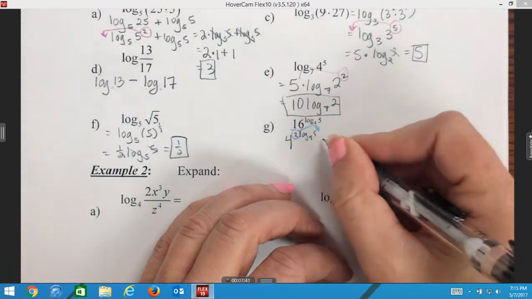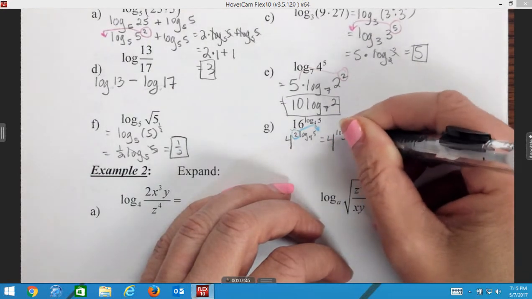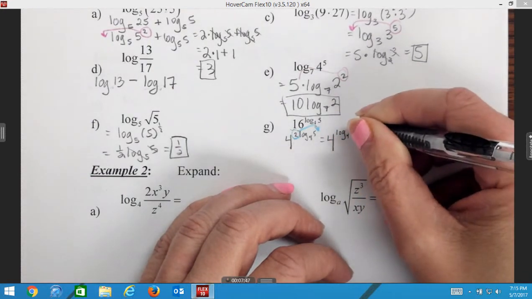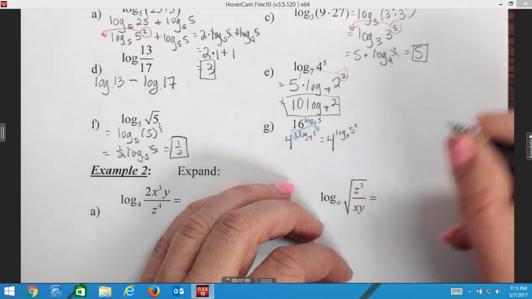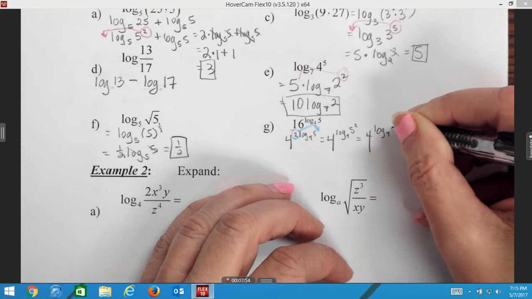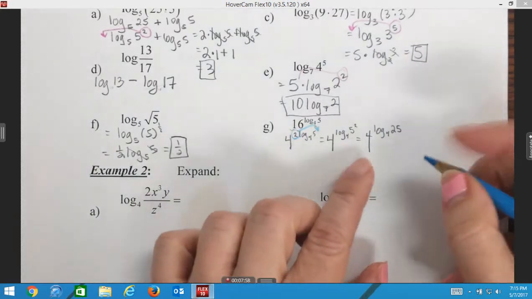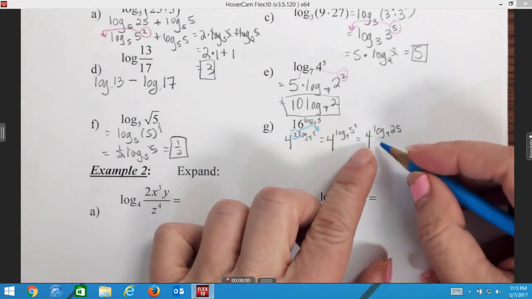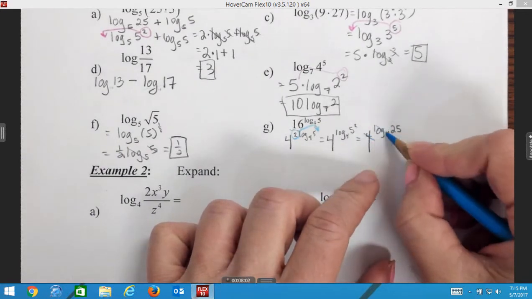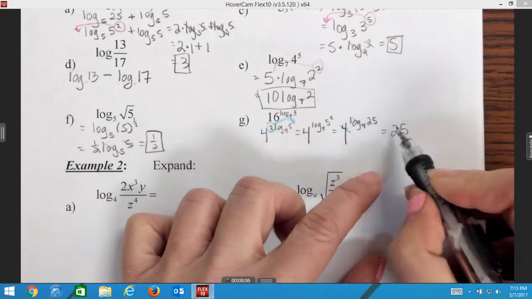We'll have 4 to the log base 4 of 5 squared, or 25. And since the base of 4 with a log base 4 are inverses, these actually cancel out. And so we get 25 for our answer.